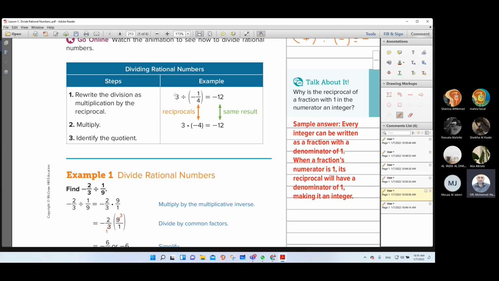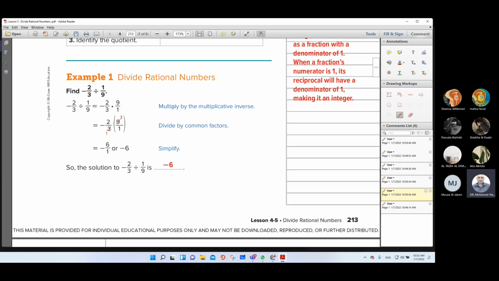Keep the first number, then change from divide to multiply. Then find the reciprocal of the second number. Negative 1 over 4: the reciprocal will be negative 4. Then multiply 3 times negative 4, positive times negative, and 3 times 4 will be 12.